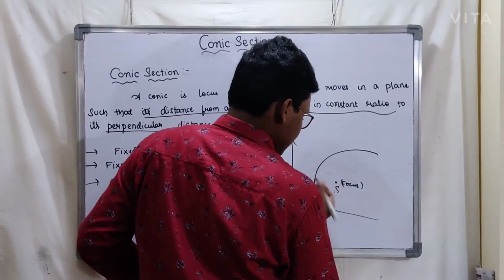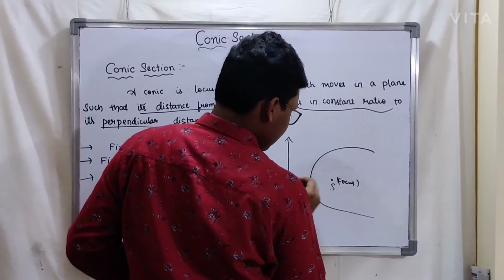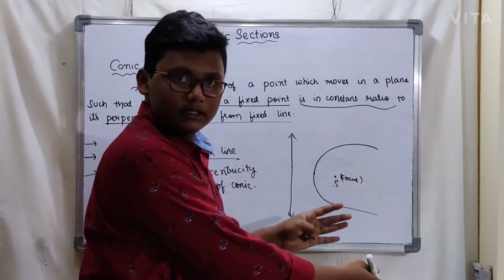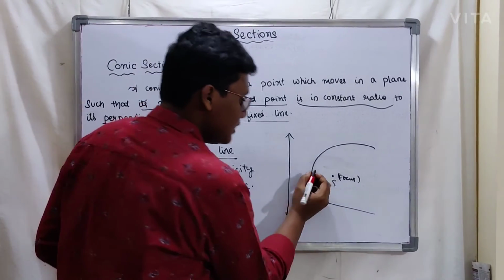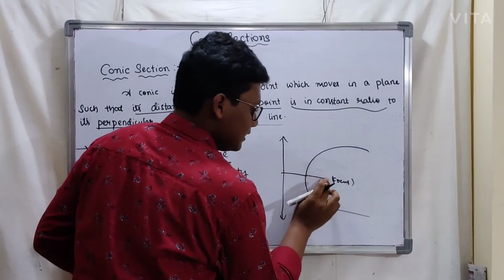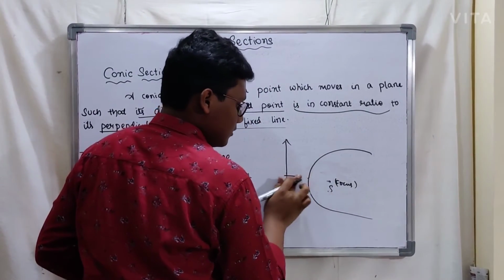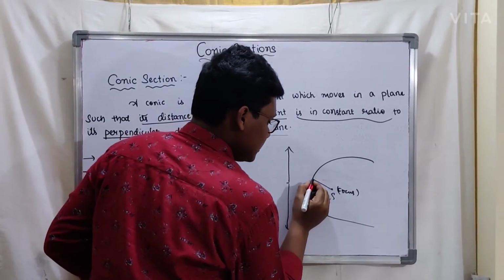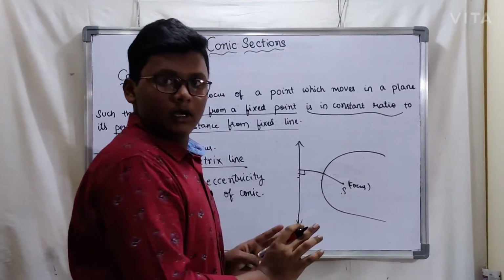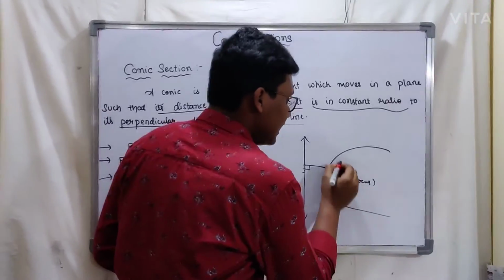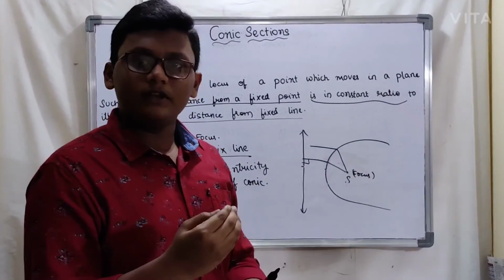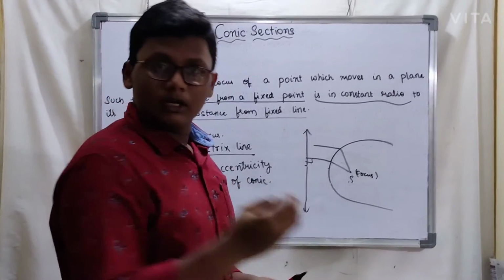These all are the points which are in the constant ratio, means PS by PM will be constant; not only one point, many points will be there.